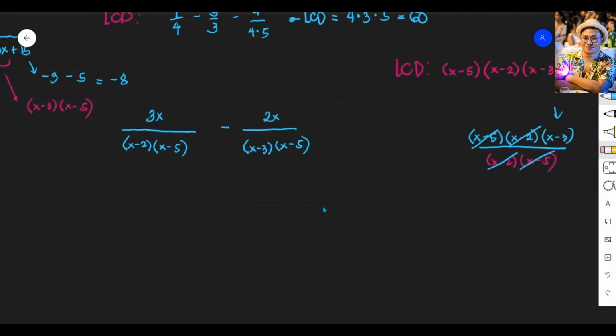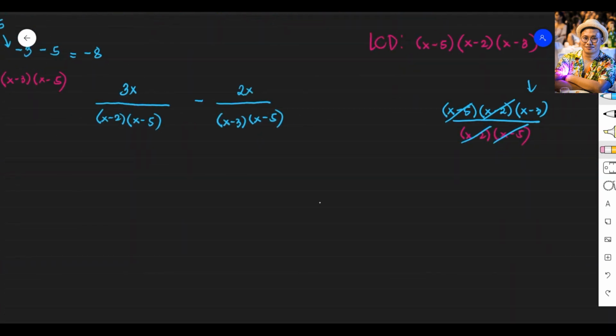Okay? So, ang may tabo na din ani guys is we have 3x over x minus 2, x minus 5 times the result after atong division na to, x minus 3 over x minus 3. There you go. Minus.